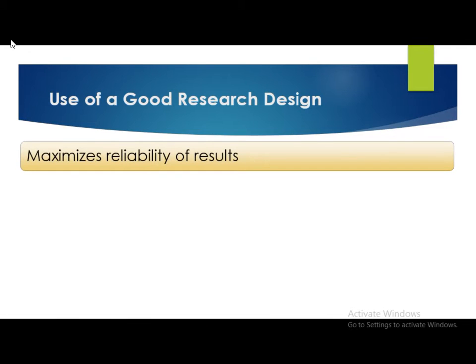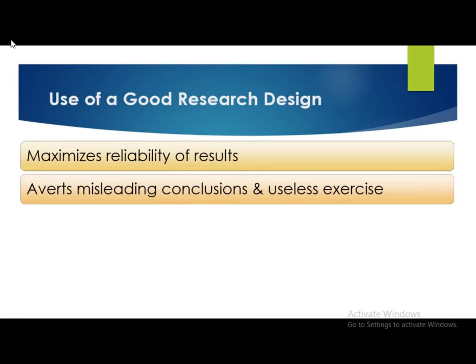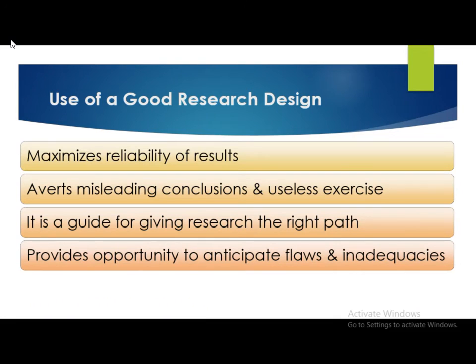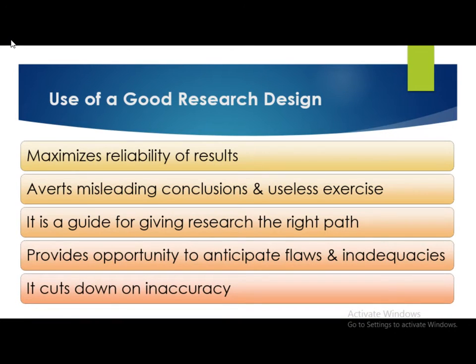So what are various needs and what are various outcomes of a good research design that we will see. Because of good research design, it maximizes reliability of the research, it avoids misleading conclusions and useless exercises, it is a guide for giving research the right path, then it provides opportunities to anticipate flaws and inadequacies, it cuts down inaccuracies.